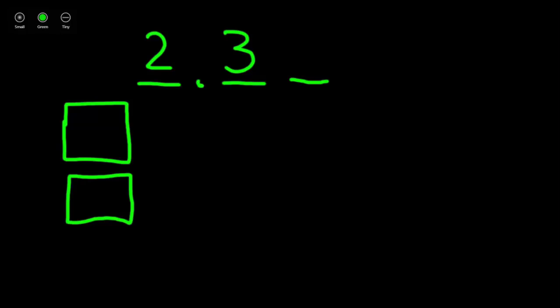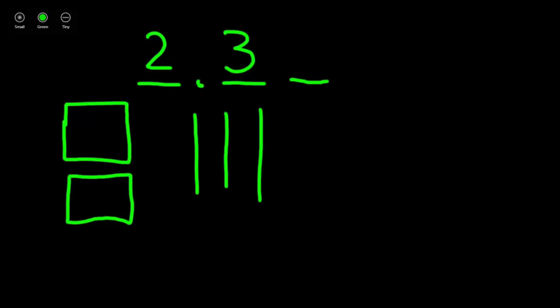Now since our tenths place is worth something smaller than 1, we need to represent our 3 tenths with something that is smaller than our flats or our 1 that we have. So we can represent our tenths place with longs. 3 longs will represent the 3 in our tenths place.